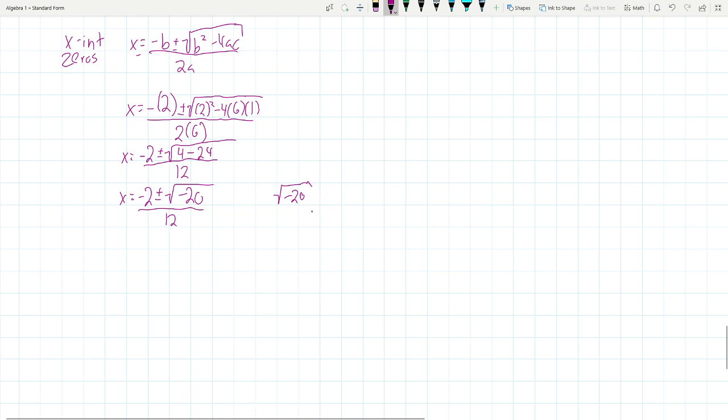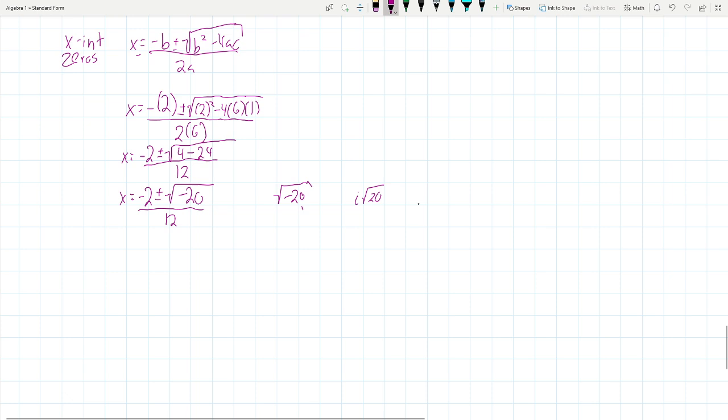As far as creating a graph, what this means is it doesn't cross the x-axis. In reality, it becomes what's called an imaginary number. We call it i. And from there, you could evaluate it, but you're going to have this i with it. And so you can actually still continue evaluating.